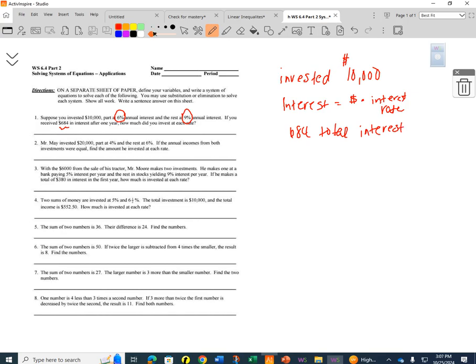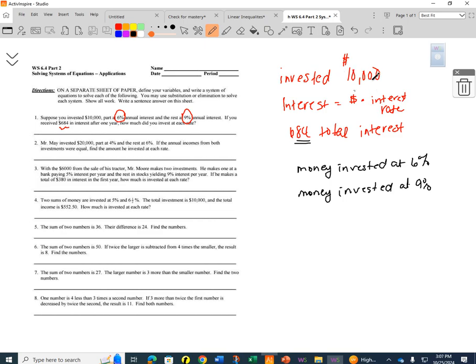So the first thing we're going to do is define our variables. How much did you invest? And this is how much money did you invest at each rate. So one of our variables is money invested at 6%, and the other is money invested at 9%, because there's 2 pots of money, and when you add the interest on each of these pots of money, you get 684.